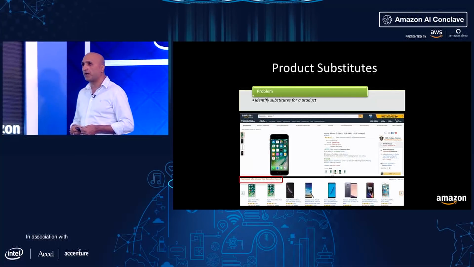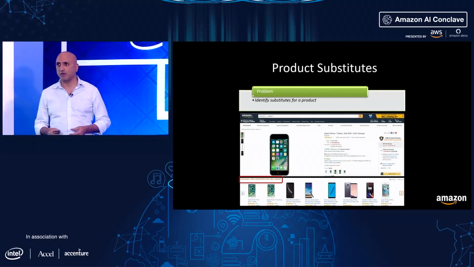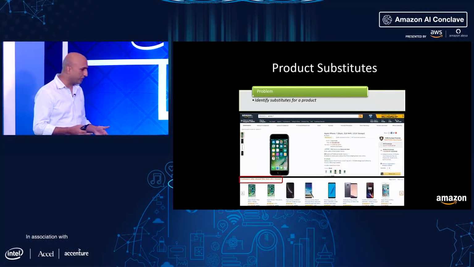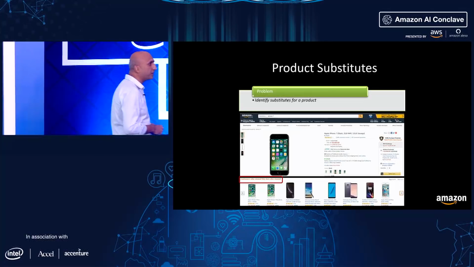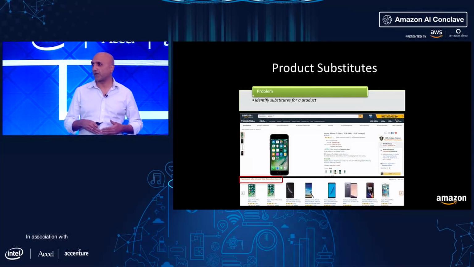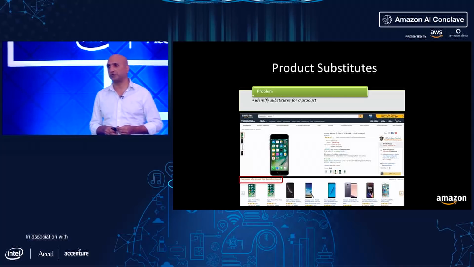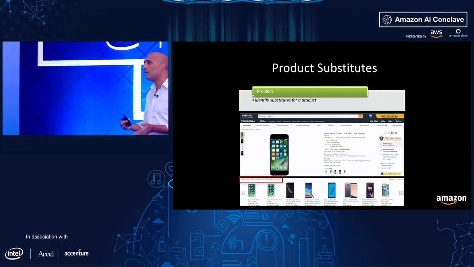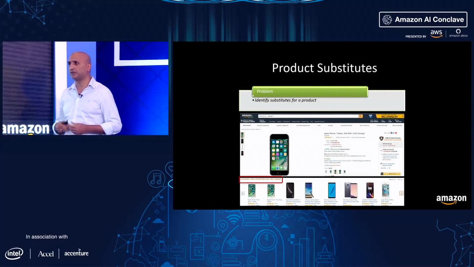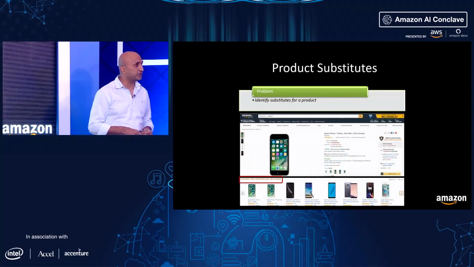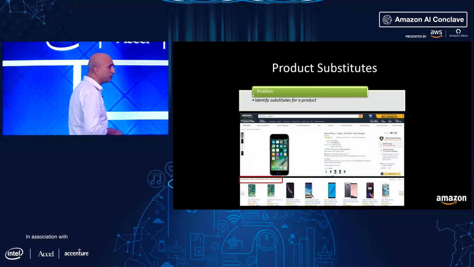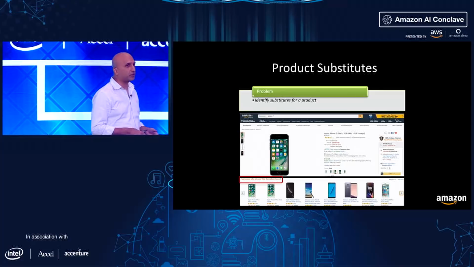And so you may be thinking, how do we use this knowledge of substitutes? So one of the places where we use substitute products is to show customers low-priced substitutes. So if you're looking for a product, you may see some recommendations that are substitutes that have a very low price, or we also show customers substitutes when a product is out of stock, right?